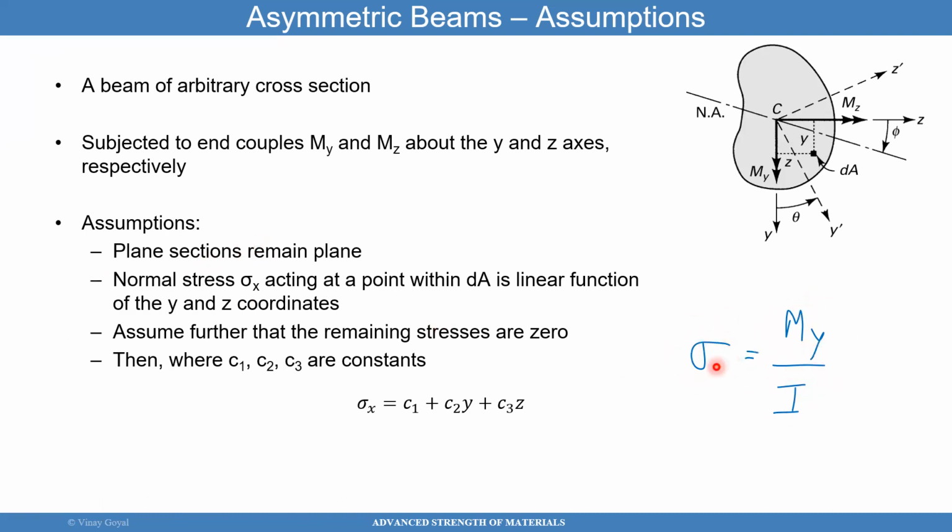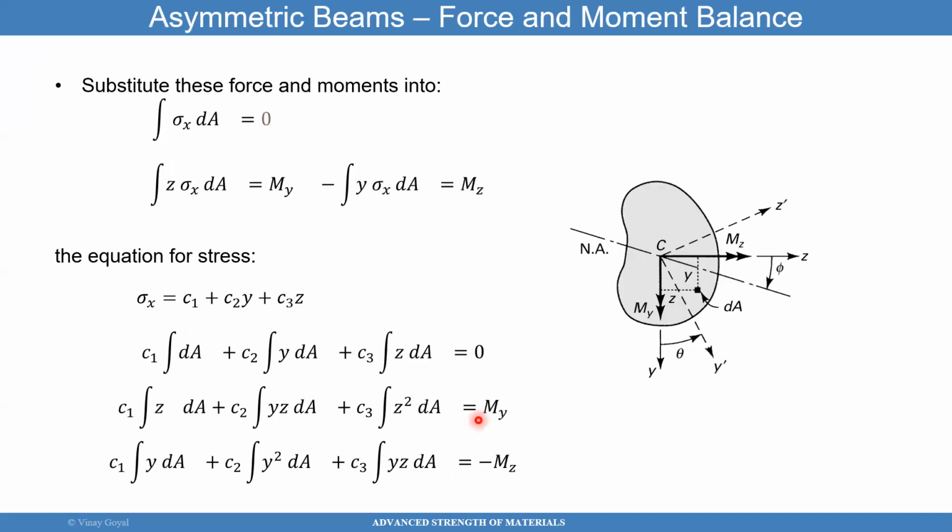But now we're going to say that stress is also a linear function of z, and I'm going to add a constant to have completeness. So the stress out of the page of this plane is C1 plus C2y plus C3z. Notice that there's a net force of 0, no axial force applied. So the integral of sigma xx dA equals 0, because those are units of force.